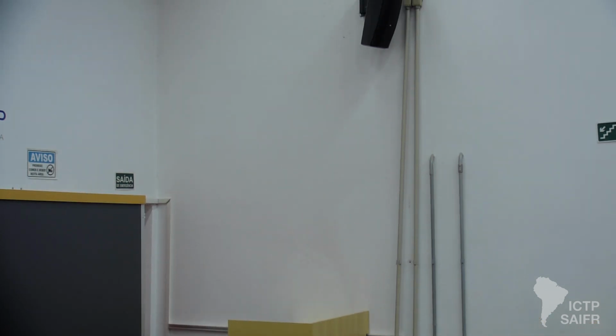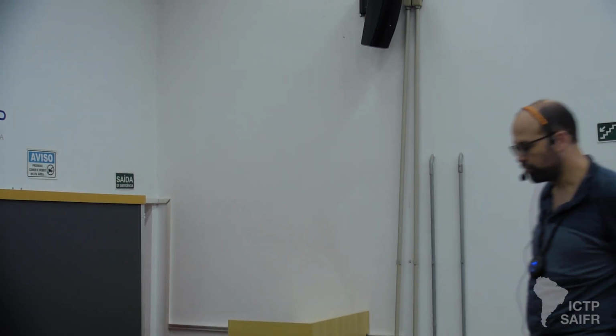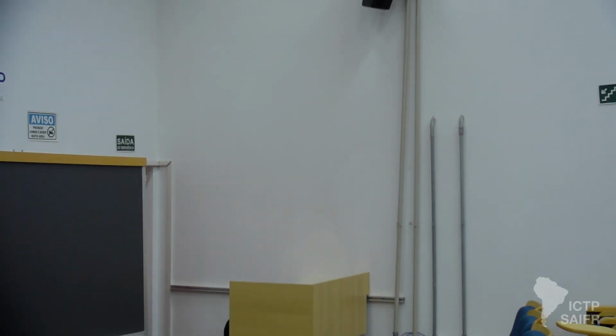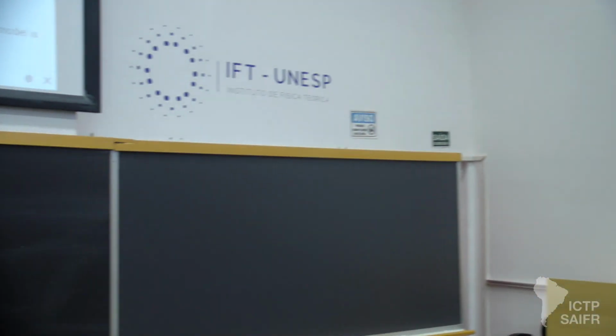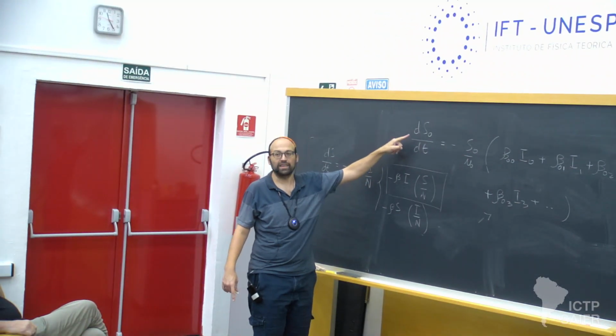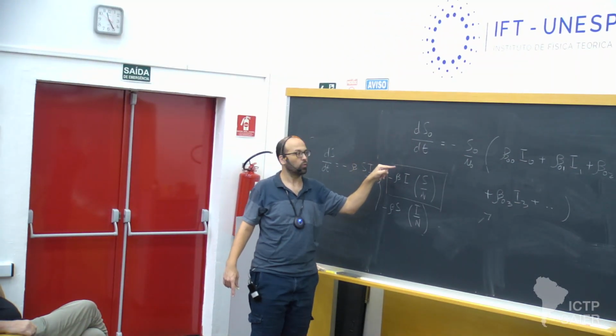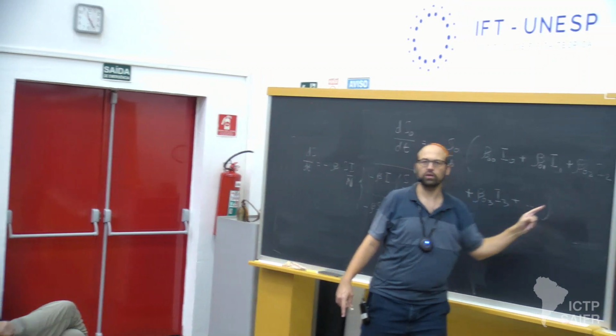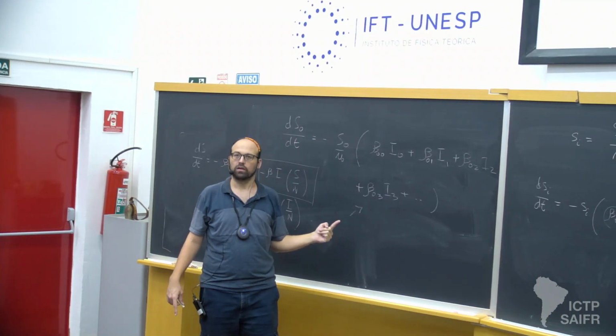Children can meet an adult, like I1, I2, of course. All these guys will also affect the other classes. So I have an equation for S1, where all of these guys appear, and then an equation for S2, where all these guys also appear.